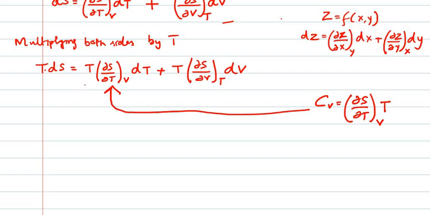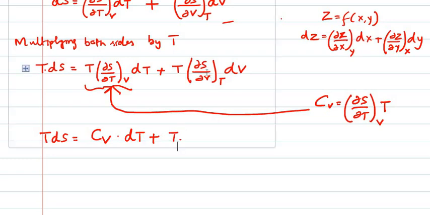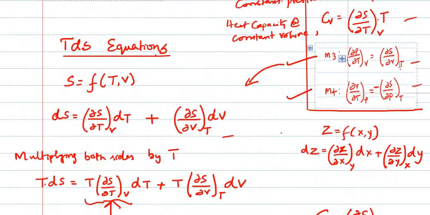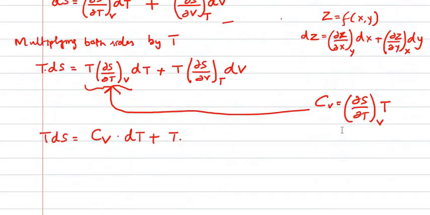Instead of T into dou S by dou T at constant volume, we will use only Cv. So this becomes TdS is equal to Cv into dT plus T into dou S by dou V at constant temperature, which is equal to dou P by dou T.